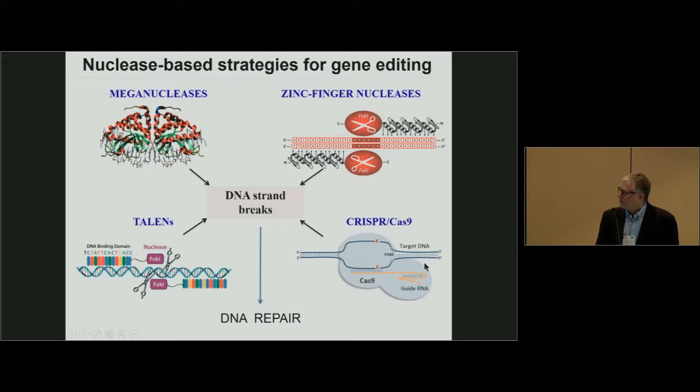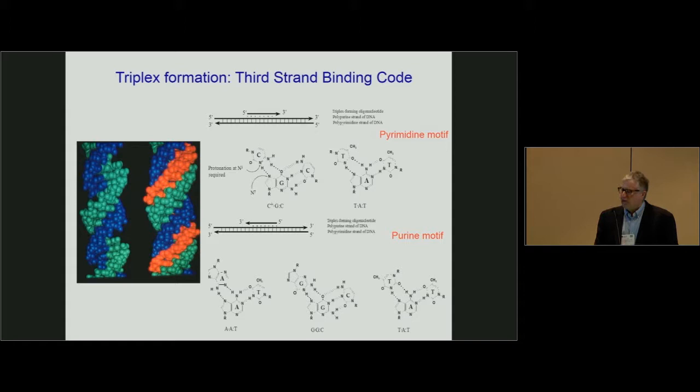So I mentioned the many nucleases that people are working on, and as you can't escape hearing about in this meeting, they work by making strand breaks, and I'm sure you're all familiar with these. So a DNA triple helix forms in a sequence-specific way, but it's in some ways much more complicated than, for example, the guide RNA for CRISPR.